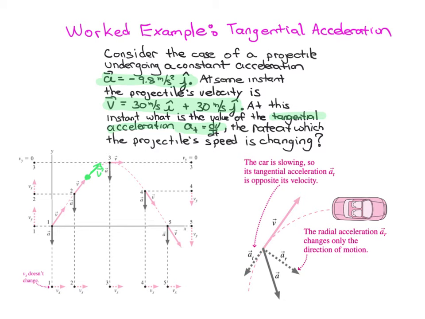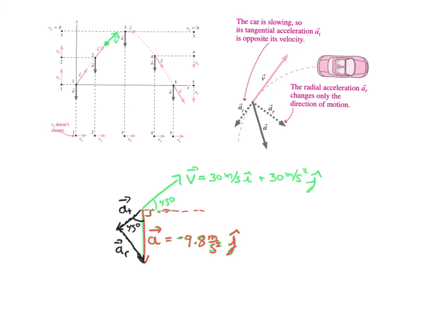So basically, what we want to find out is the component of the acceleration along the direction that lies tangent to the curve at the point under consideration. So here we're sort of zooming in on the situation. The velocity vector at this instant in time is headed upward, making an angle of 45 degrees with respect to horizontal.